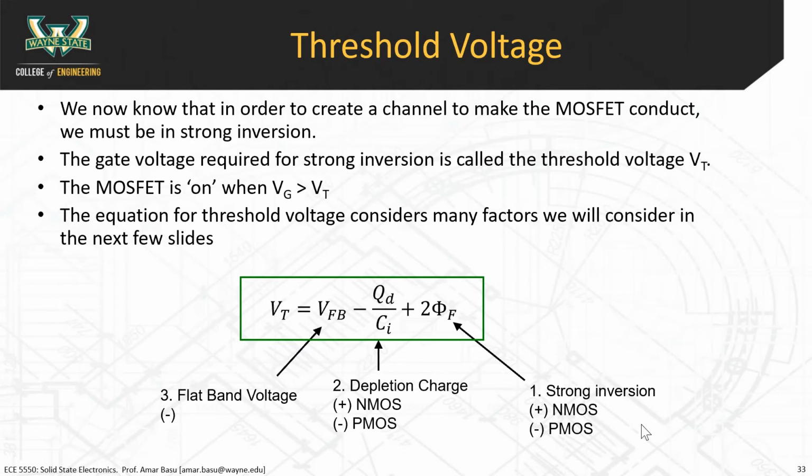An NVIDIA GPU has something like 22 billion transistors. It's insane. Now, if the number of transistors on your device is greater than the world population, one of the challenges is making sure all those devices work, right? So this threshold voltage is very important in all those devices.